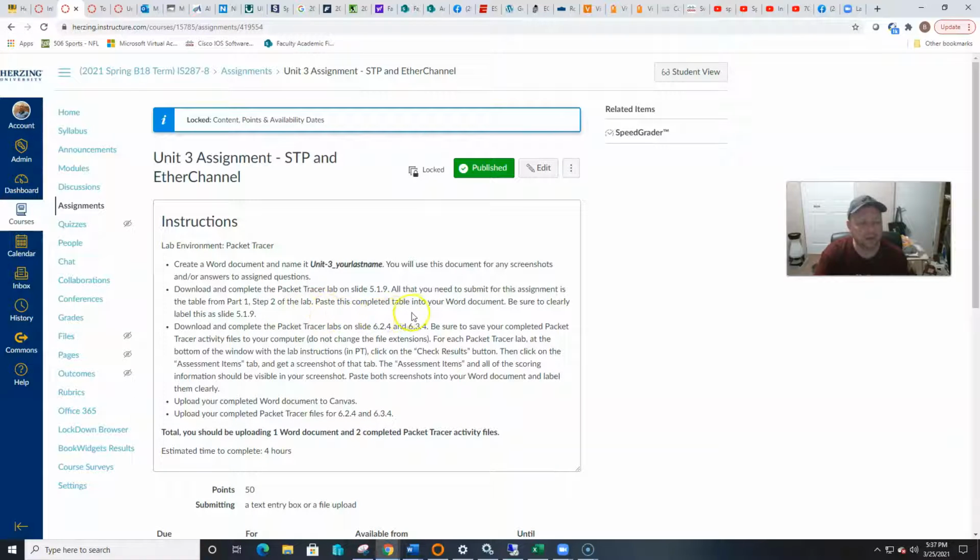You can just paste this completed table into your Word document, and that's all that's needed there. Then the last two labs for this week are the Packet Tracer labs on 6.2.4 and 6.3.4, and so again, that's it. It's just those three labs. So fairly light week as far as the labs go.